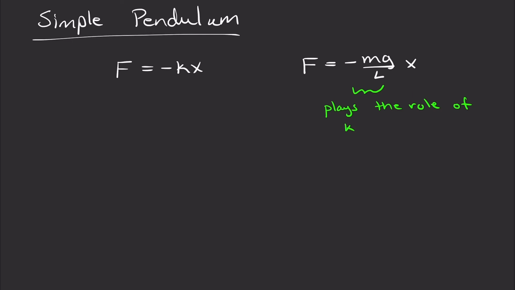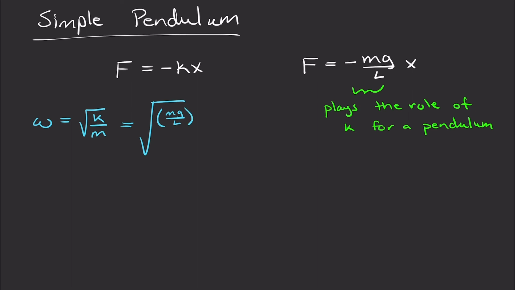Okay, so it plays the role of k for a pendulum. So before we had omega equals square root of k over m. If we substitute in for k, we get square root of mg over L, and then we divide by m. Our m's are just going to cancel, and this is going to leave us with the square root of g over L. So this is our angular frequency for a simple pendulum oscillating through small angles.